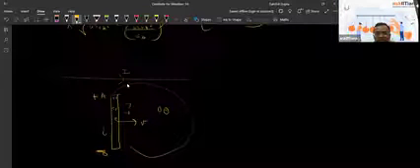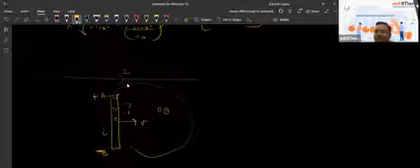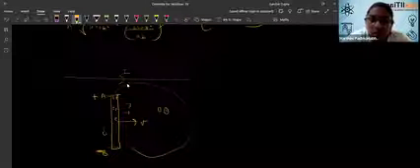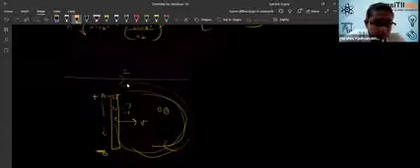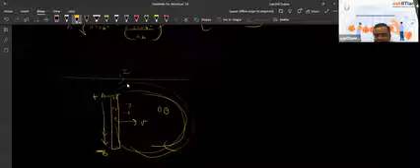Only the electrons will accumulate over here and positive charge over here. If it were a closed circuit, electrons would flow like this and the current would flow like this.